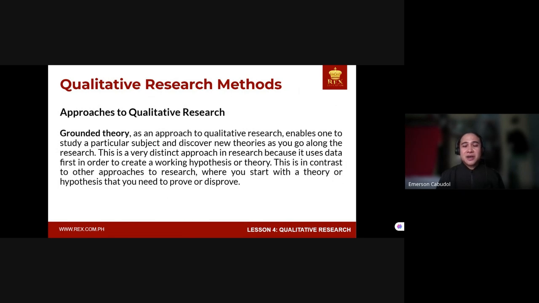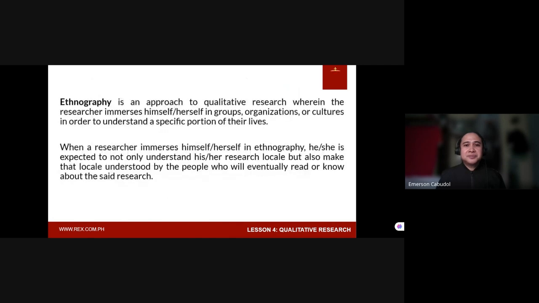It's an inductive approach, meaning you move from specific observations to broader generalizations. This contrasts with traditional research, where you start with hypotheses and test them using the data that you're going to collect.